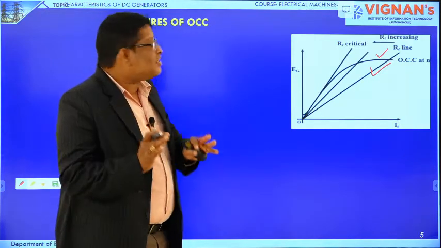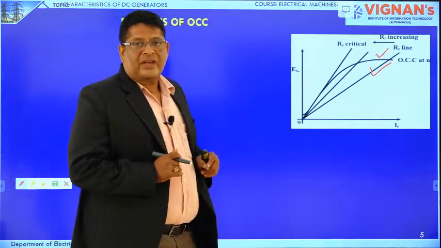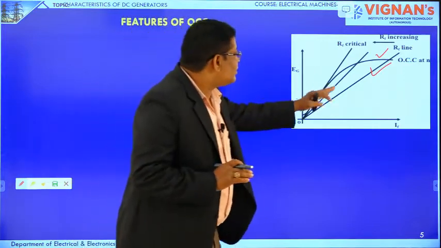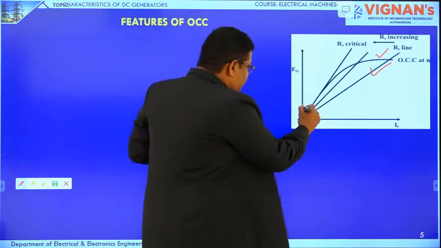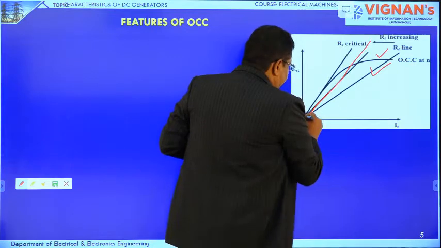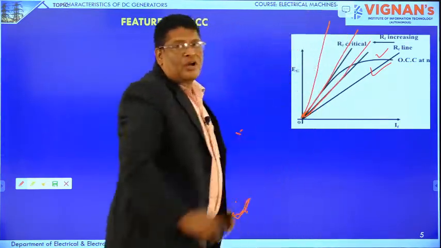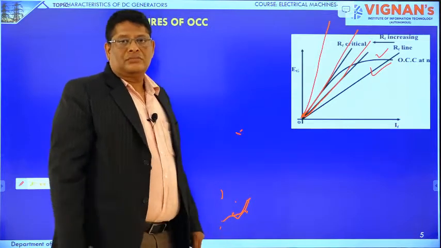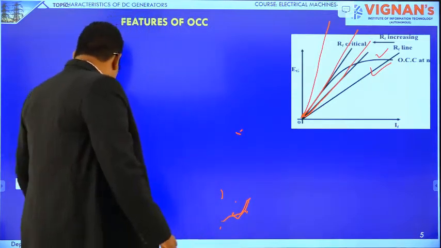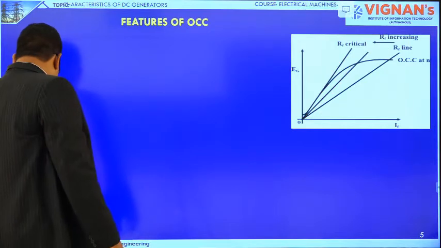As the field resistance increases, the straight line becomes like this. If it increases further, it is not intersecting the OCC curve.